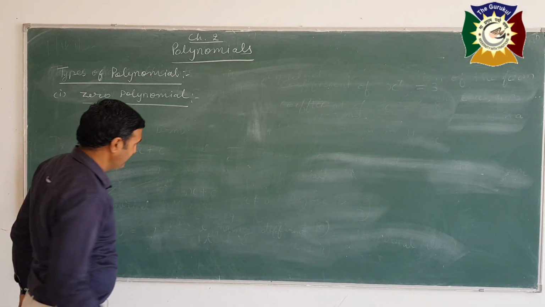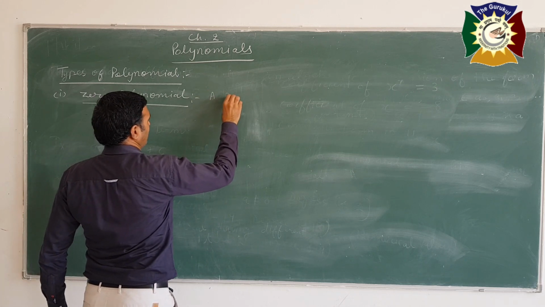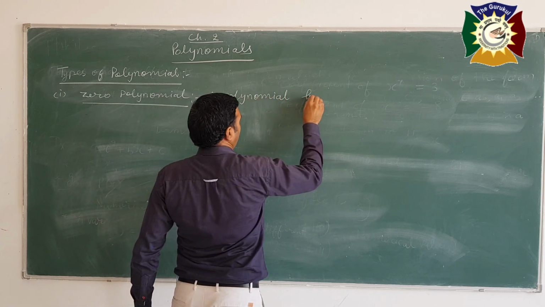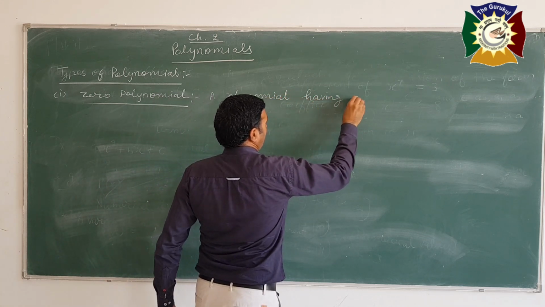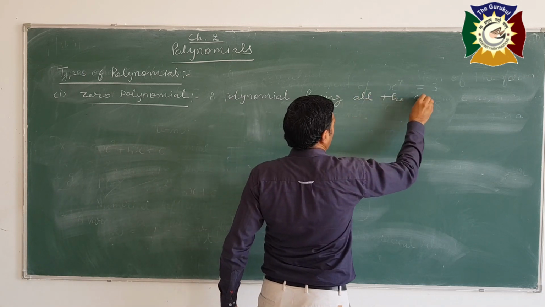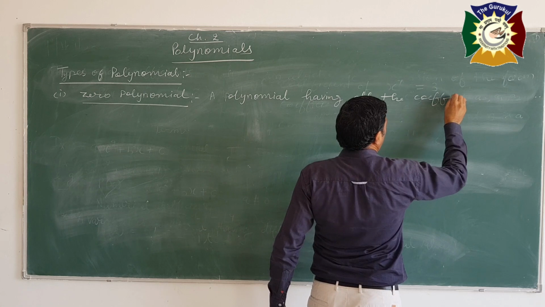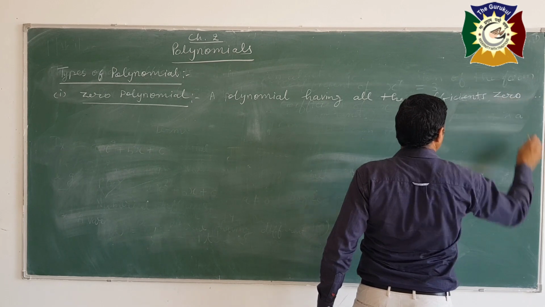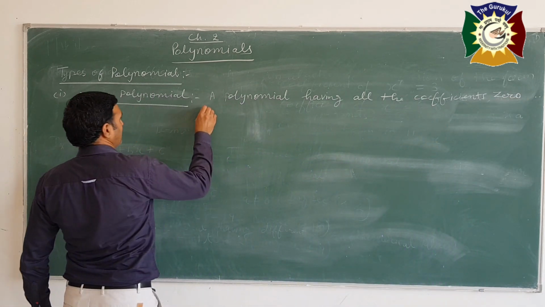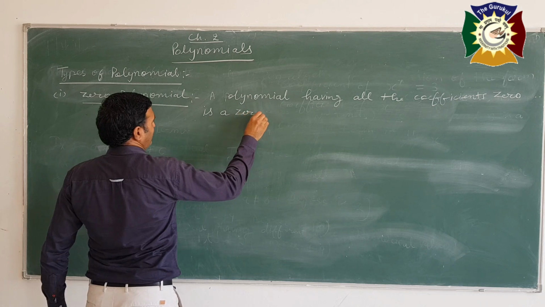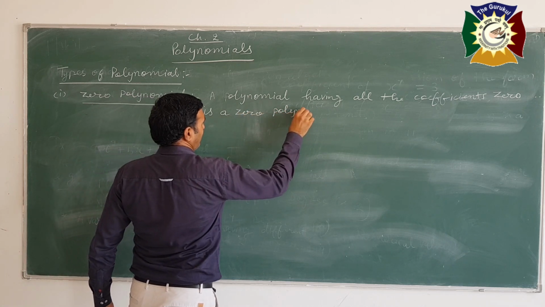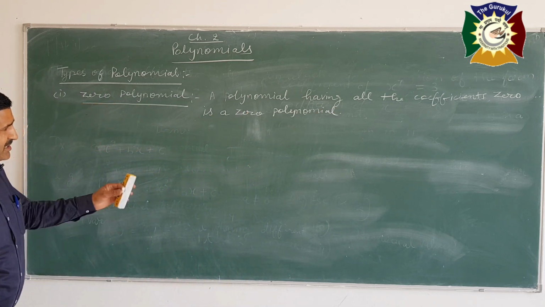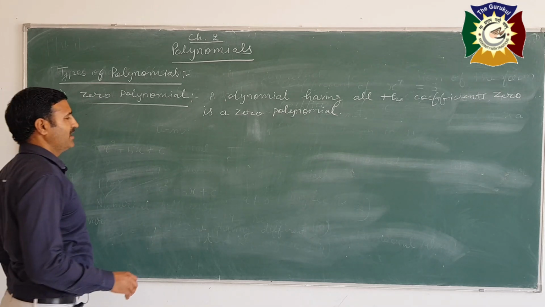A polynomial having all the coefficients zero is a zero polynomial. Keep in your mind, in this the degree is not zero, but the coefficients are zero.